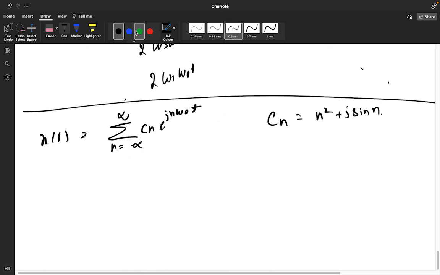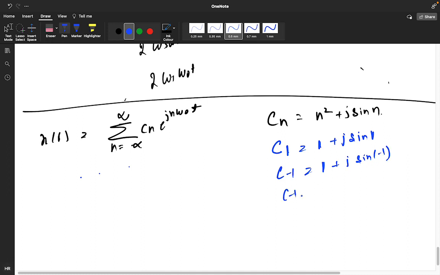What I am telling, if you are taking c of 1, you are getting 1 plus j sine 1. If you are taking c of minus 1, how much you will get? 1 minus j sine 1 only, because sine of minus theta is equals to minus sine theta.